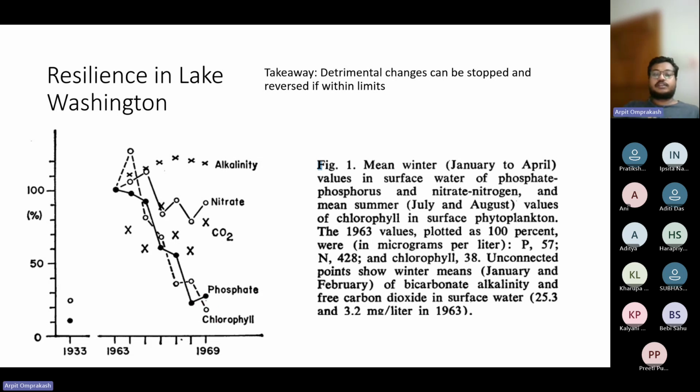And phosphate is basically the amount of phosphate that is there. We see that the amount of nitrate also increased, but it has not come down as much as the phosphate.